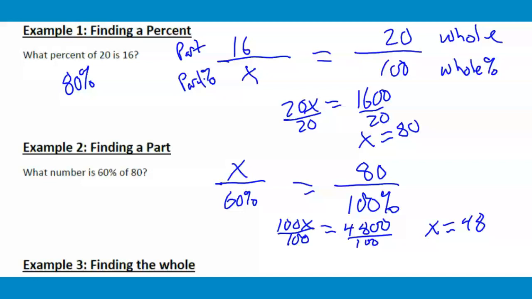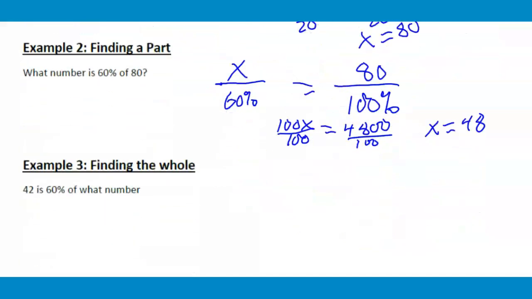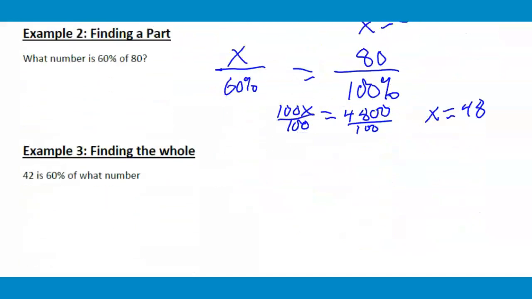48 makes sense there. All right, let's try one more. So finding the whole. Okay, so we're going to use the part whole thing again. I'm going to do a different color so we don't get mixed up here. So I'm going to set up my proportion. 100 automatically goes on the bottom.